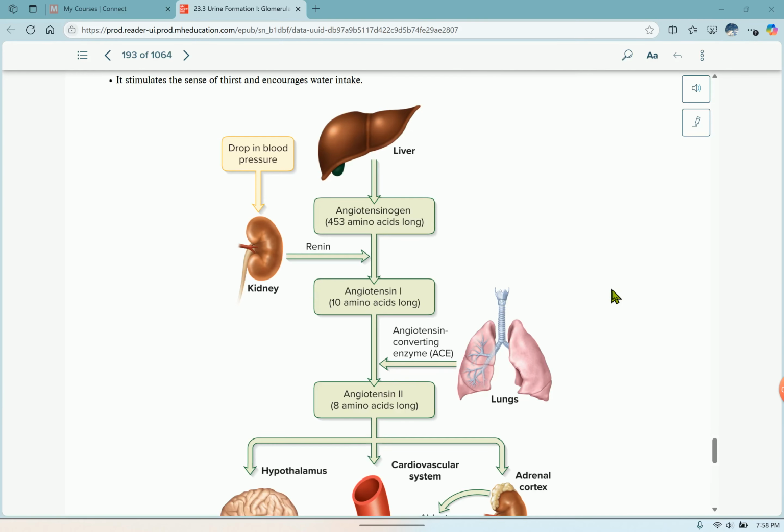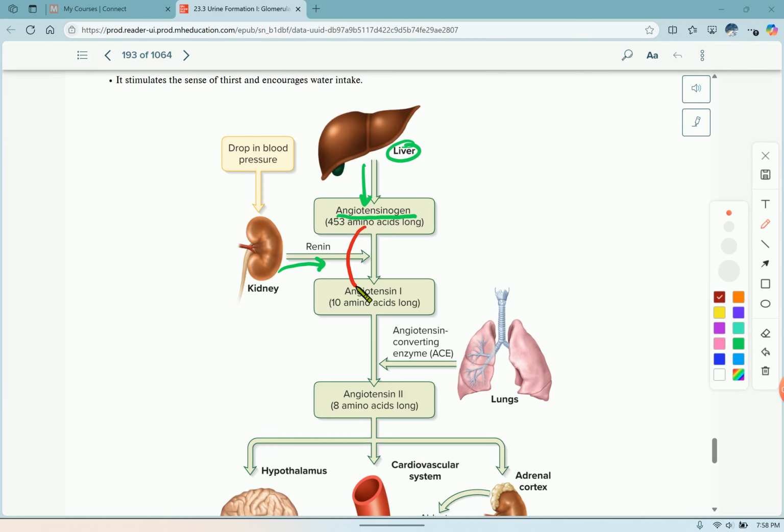Okay, so what happens is the kidneys release renin, which is an enzyme. The liver releases angiotensinogen. In the presence of renin, angiotensinogen is converted into angiotensin 1.